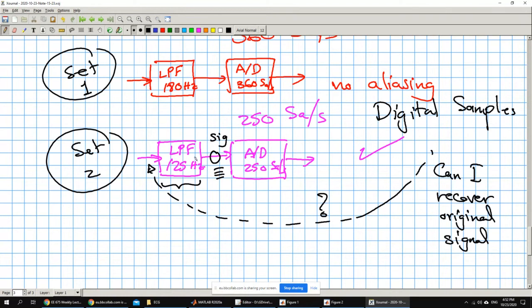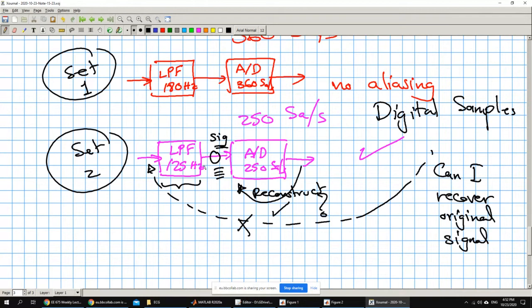How can I take a signal that doesn't have the high frequencies, sample it, and recover the high frequencies from the samples? I cannot do that. Whatever I sample here, I can recover. I can reconstruct this, but I cannot reconstruct that because the low-pass filter already removed all the frequencies beyond 125 hertz.